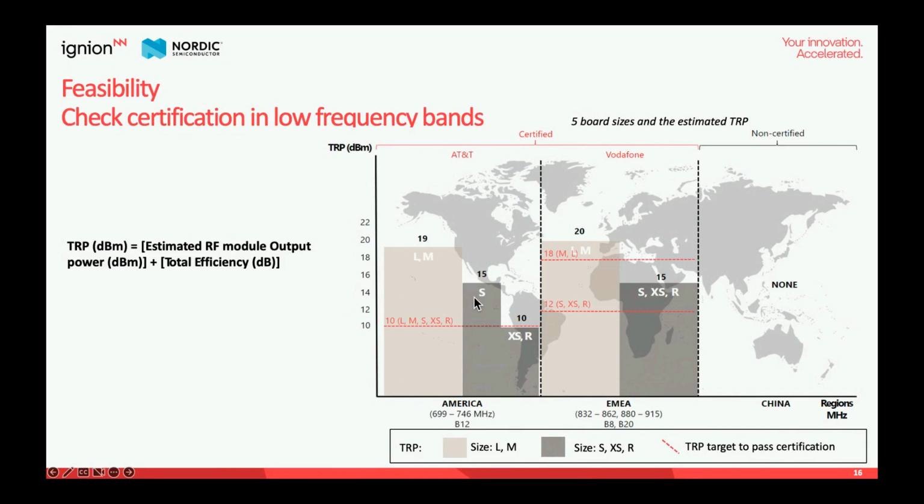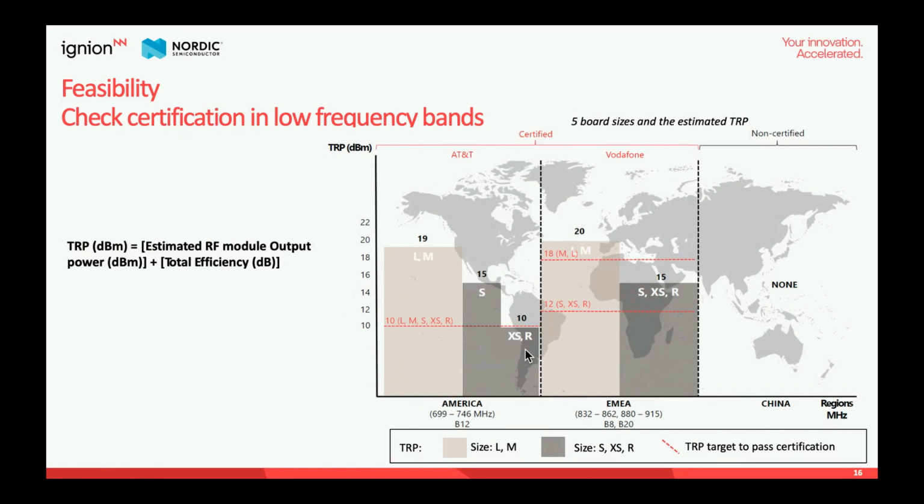But with the extra short PCB and the extra short with a circular shape, we are very close to the target, and this means that we should increase the PCB size to be in a safe position that we are going to fulfill the certification. Now, let me just add that we calculated these based on the nRF9160 output power. So that one is outputting 23 dBm, right? And then it's combined with the antenna efficiencies that Jaume showed.